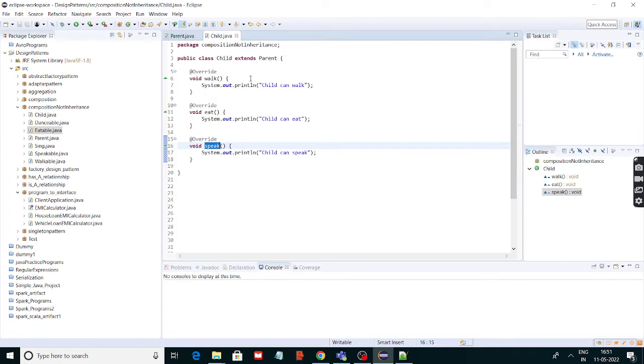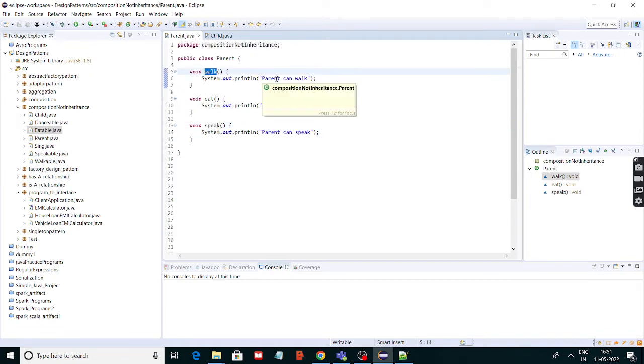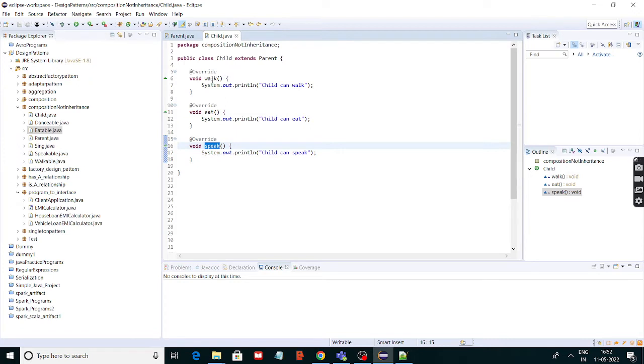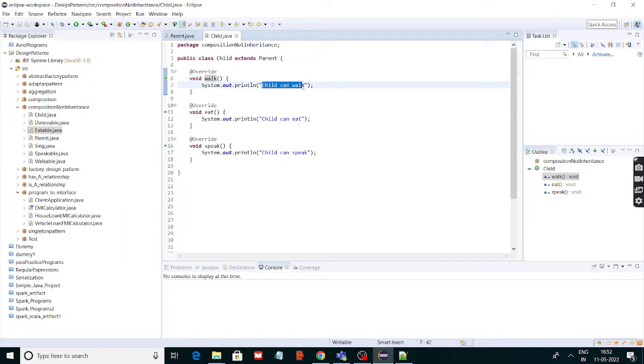But the principle is the same. For example, the parent walks in a different way. It has its own implementation. The parent has some style of walking, a way of walking. Similarly, even though the child has inherited the property walk, it has its own way of walking, so that's why it has its own implementation.